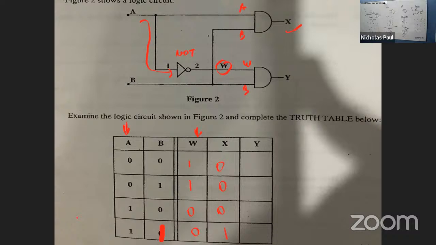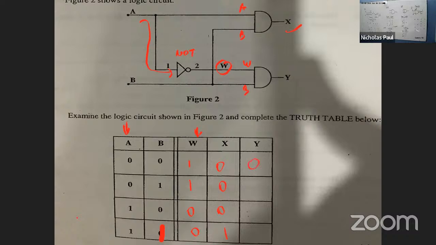Y. W and X into what gate? AND gate. Good. Tell me quick. W and X. Oh, sorry, W and P. Yeah, W and P. What do you get?